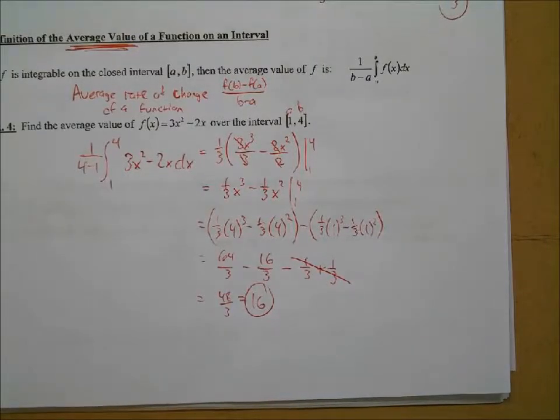Let's take a look at something here real quick. 2x squared minus 2x. Window 1 to 4.